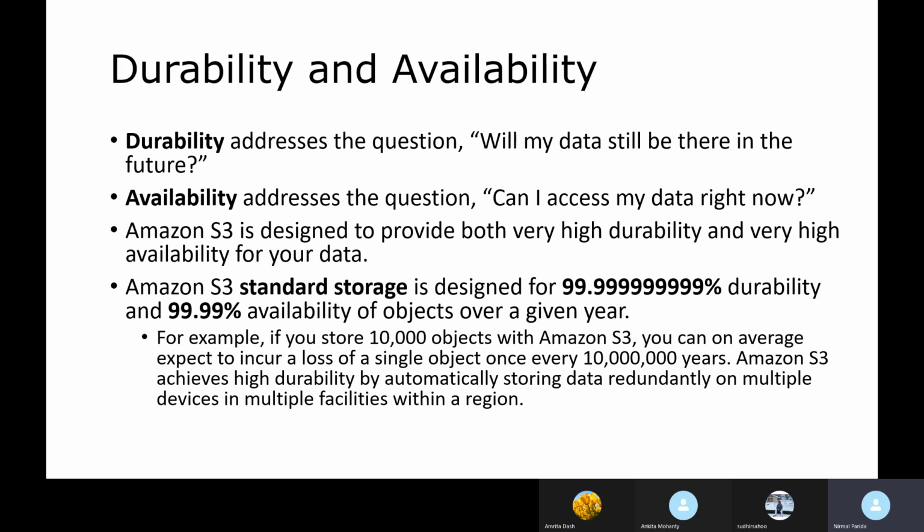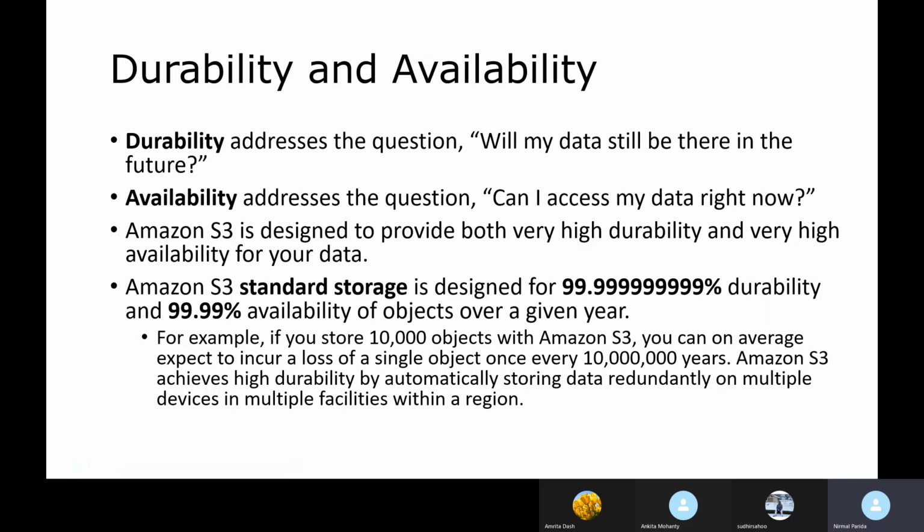For Amazon S3 Standard storage, there are many types of storage options in Amazon S3. Standard storage is designed for 99.999999999% durability and 99.99% availability of your objects. So durability is very high, 11 nines, and availability is 99.99% for your objects over a given year.